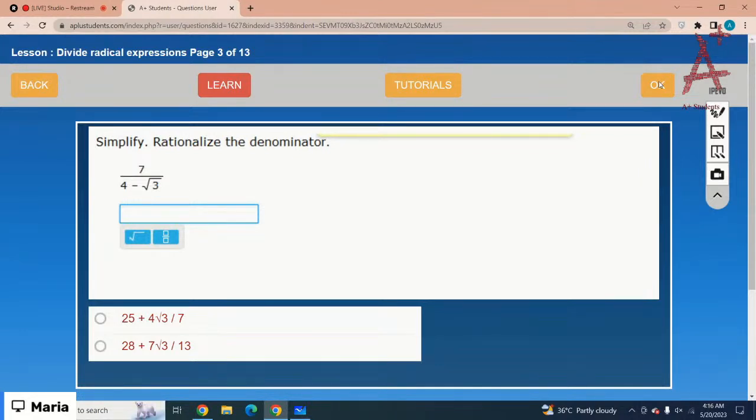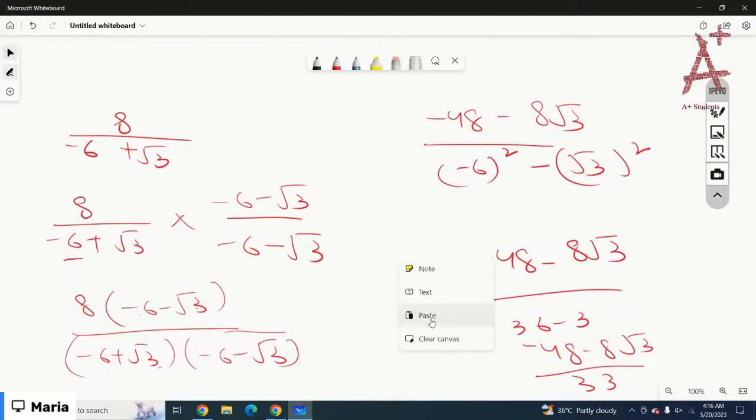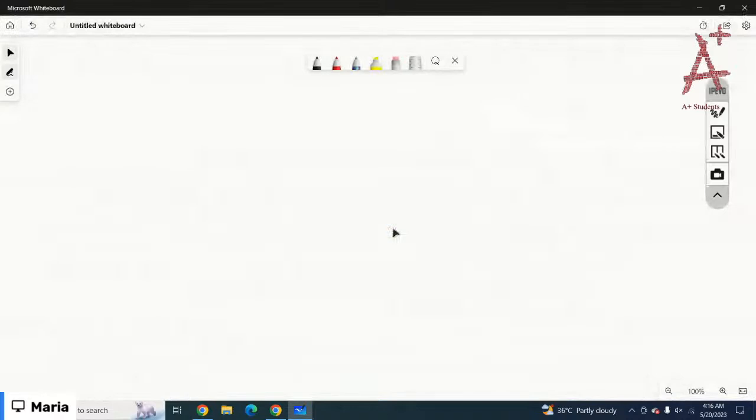Okay, the next one is 7 divided by 4 minus square root 3. Okay, let's just multiply and divide them by the conjugate.